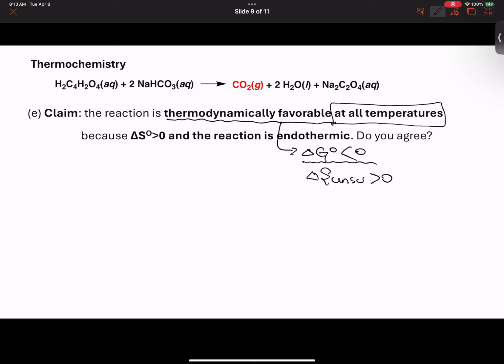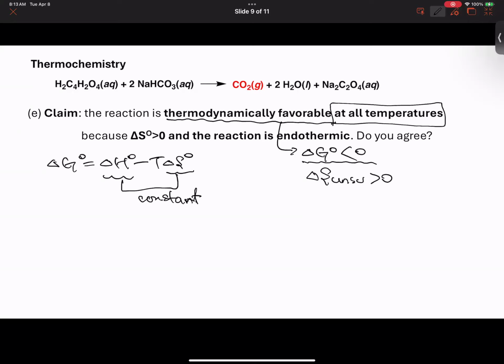So delta G is composed of delta H minus T delta S. And remember delta H and delta S are relatively constant. They change a little bit, but relatively constant, so we can treat them as constant for our estimation.